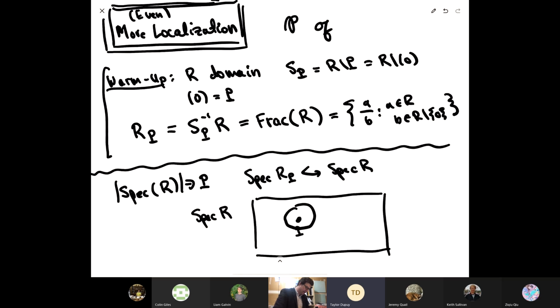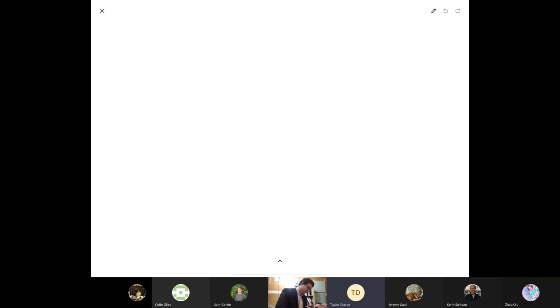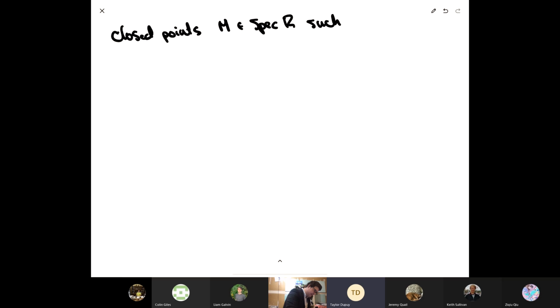Usually all the drawings that we draw are about the closed points of Spec R. So remember, closed points. Okay, so this is some P in Spec R. Let's call it M in Spec R, such that the closure of M is equal to M. So that's what a closed point is.